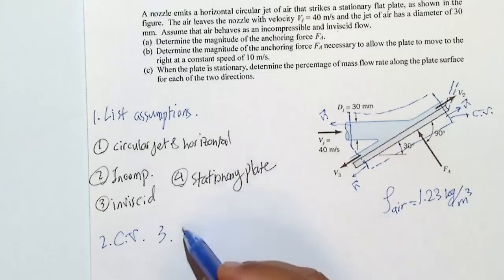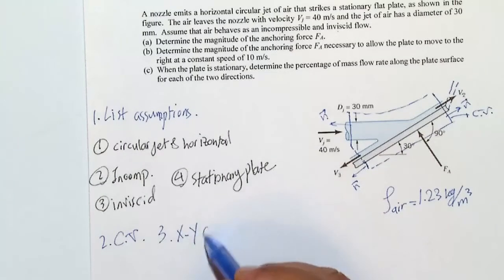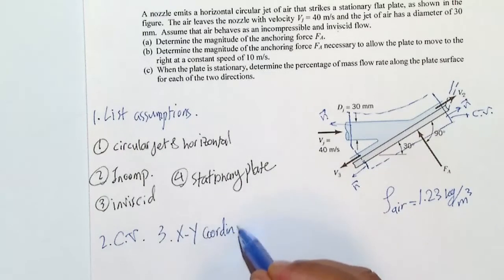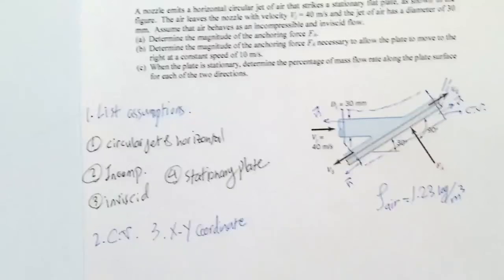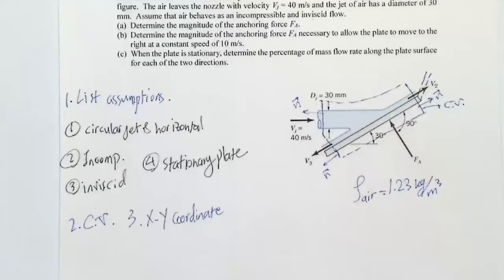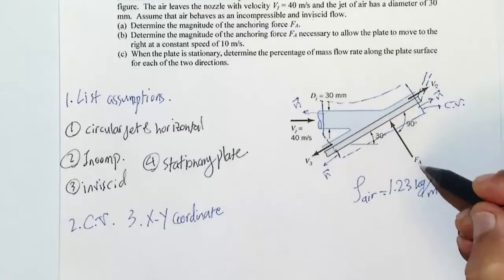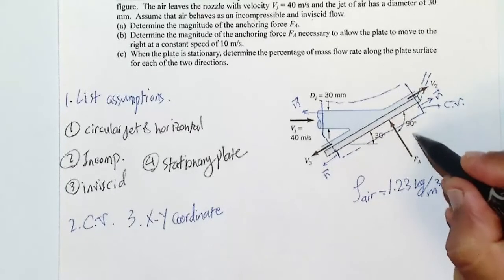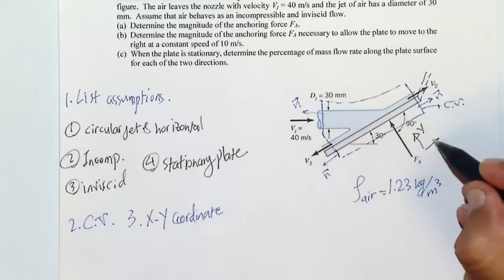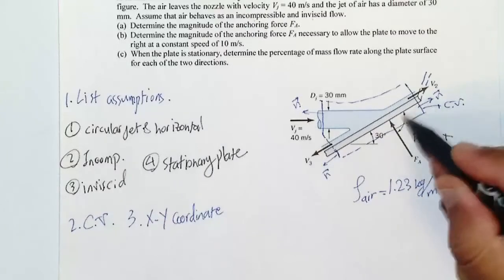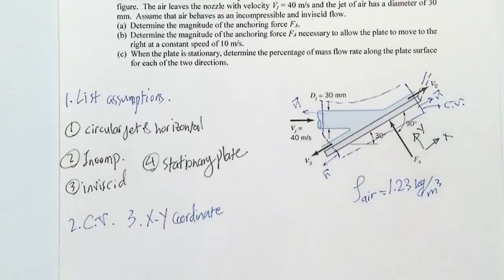Third is the XY coordinate system. Define your coordinate system, because all analysis is based on that, right? Since you are going to find Fy, it's better to use Y direction and X direction, where X is parallel to the plate and Y is normal to the plate. Why?